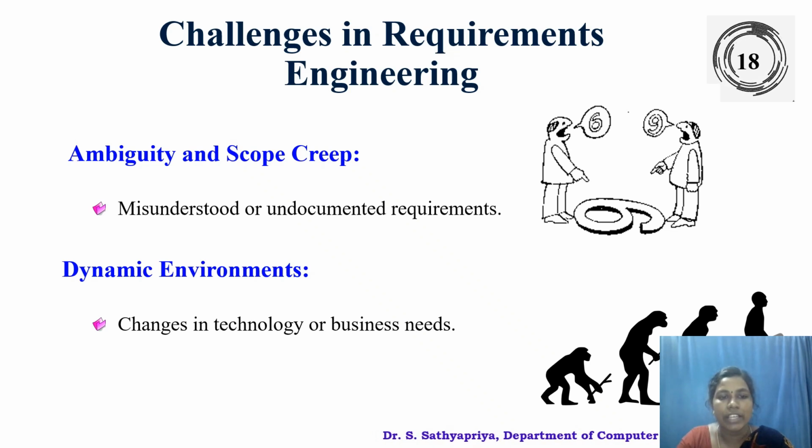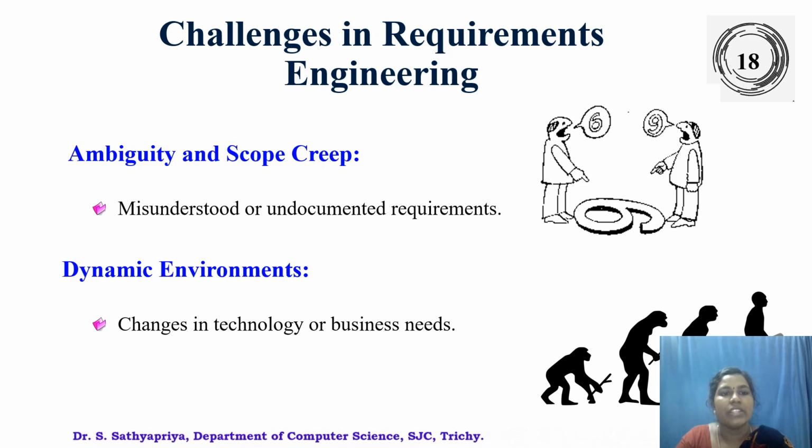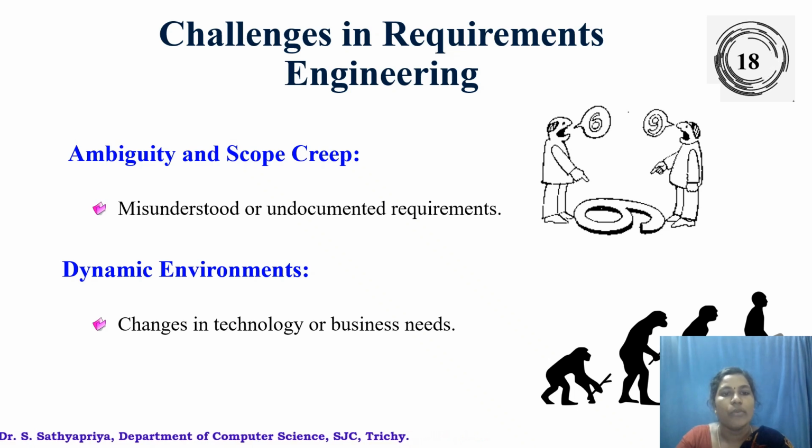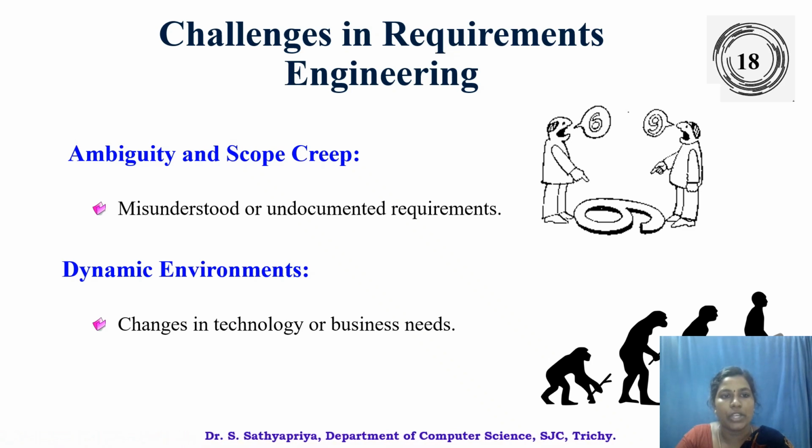And then conflicting requirements. It means customers might want faster deliveries, but drivers may request more time to ensure order accuracy. So balancing these needs is tricky. And then changing requirements. It means stakeholders often change their minds. For instance, they may request a new feature like real-time group orders halfway through development. Handling these changes without disrupting the timeline is a challenge. And then stakeholder miscommunication.